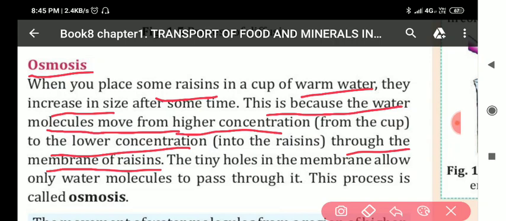So my dear students, now we can easily understand the process of osmosis. Osmosis is just like diffusion, but osmosis takes place only for water molecules, and in the case of osmosis, a semi-permeable membrane is required.